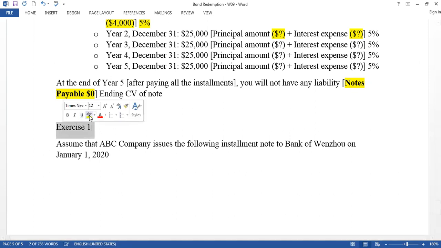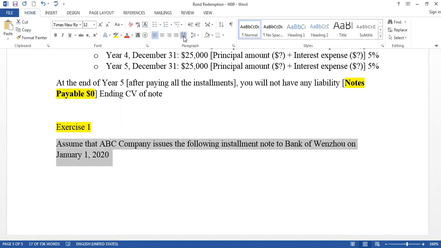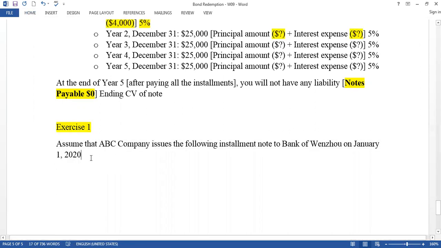So this is our exercise 1. Assume that ABC company issues the following installment note to Bank of Onjo, and they issue this note on January 1st, 2020, and you have the following information.